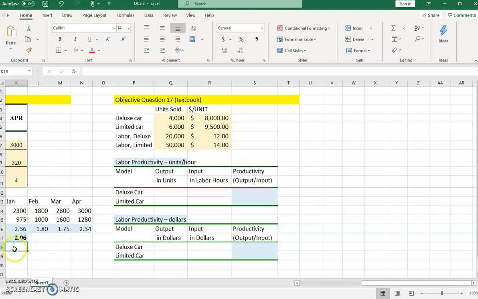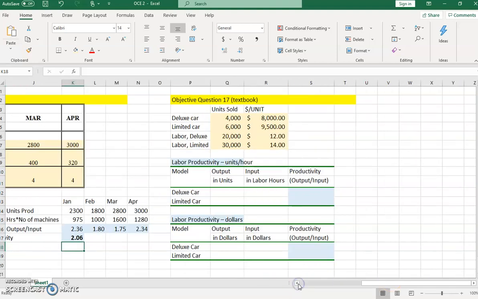The last time when we calculated units per hour, the output was the units produced, and the input was the number of hours by number of machines. Similarly, we are going to do this here. Output in units. What is output in units? That is going to be equal to this Q4.